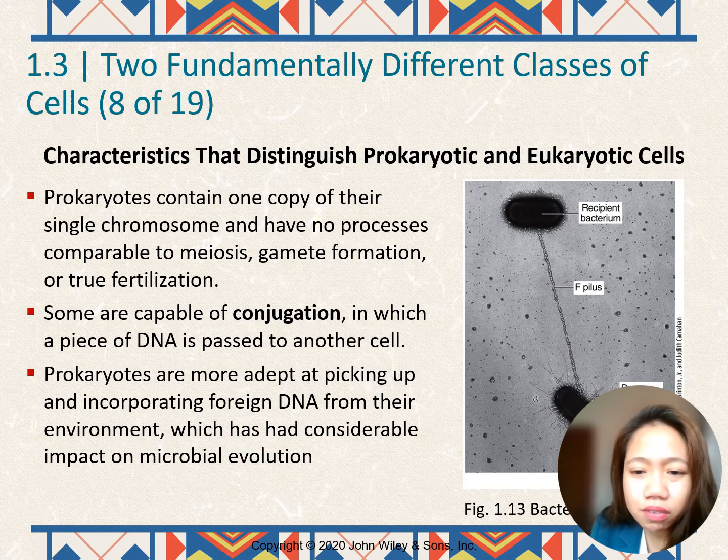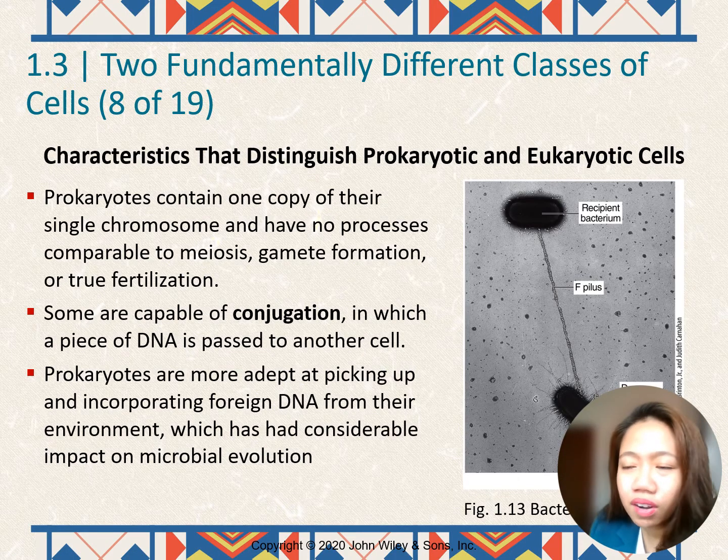So as we read from bullet 2, some bacteria are capable of conjugation in which a piece of DNA is passed to another cell. Now this is a very important characteristic because they can share DNA. Who on earth is actually capable of directly sharing DNA?